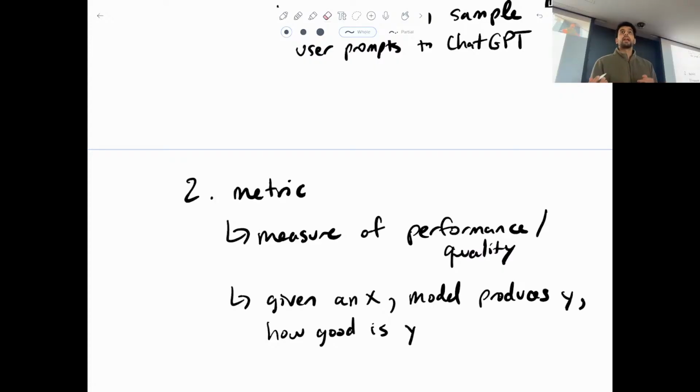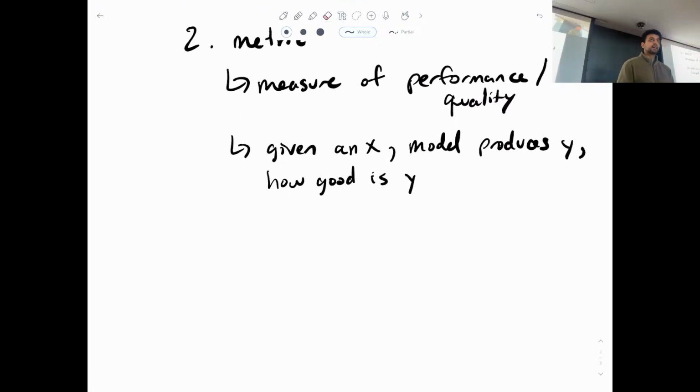A lot of big labs are putting a lot of money into this. You'll also note that this question is exactly the one that we were trying to solve with the reward model, when we were talking about post-training.